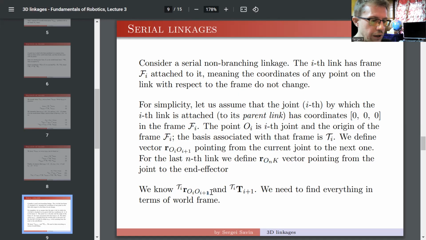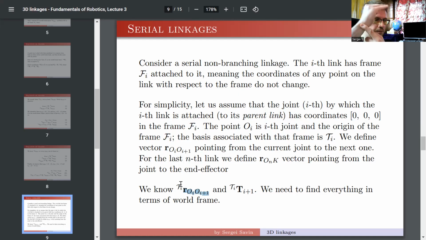So we know the positions of those O_i O_{i+1}. From the previous joint, I need to somehow move away. Let's consider a simple example: one joint, another joint. So this is O1, O2. We know those things with respect to the frame of this link.